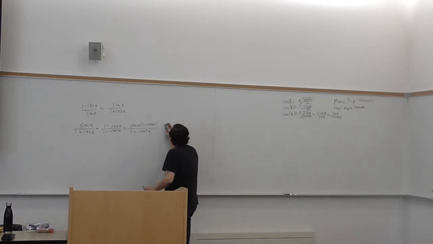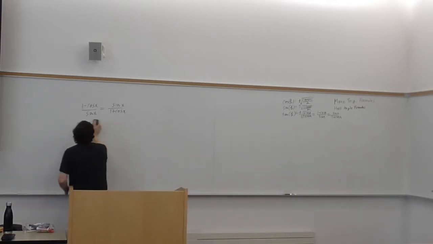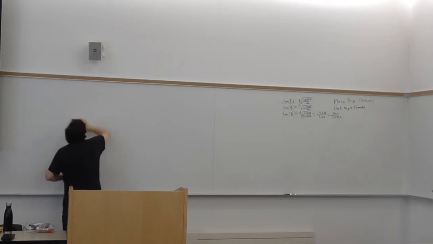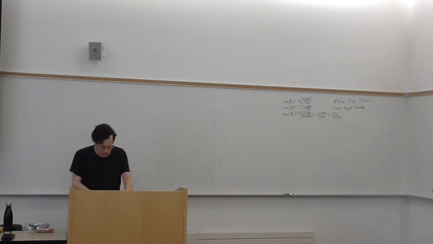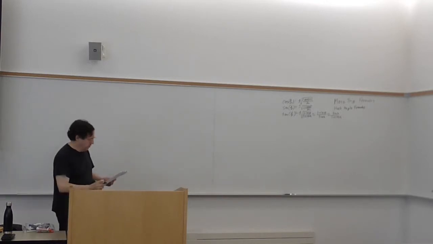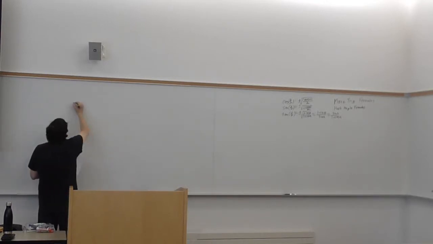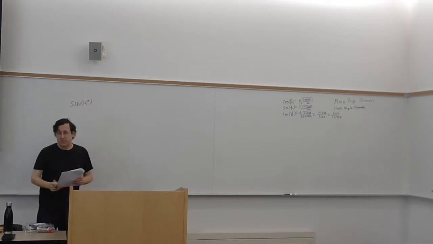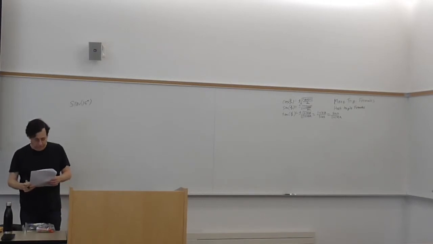All right, let's at least take one stab at seeing why this might be useful. I think we did this same problem a little differently. What I'd like to do is find out what the sine of 15 degrees is, exactly, no round off.